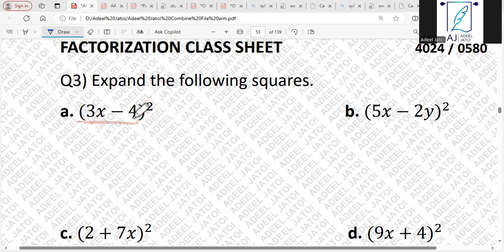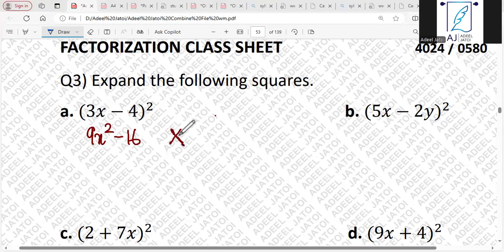Whenever there are two values and there is a bracket and there's a square, a common mistake that students make, मतलब बच्चे गलत कर देते हैं ये, ठीक है? That means what they do is they write this down as 9x square minus 16.